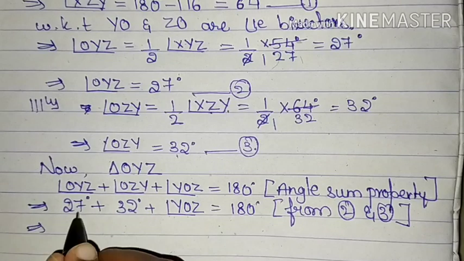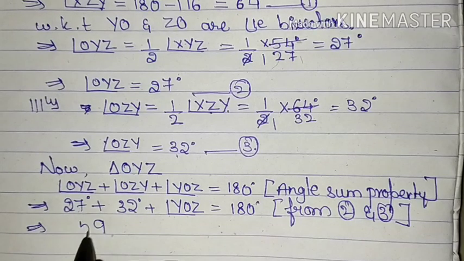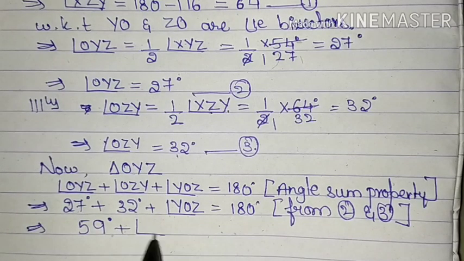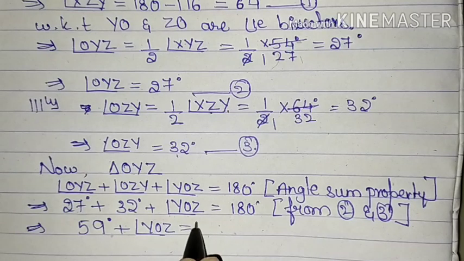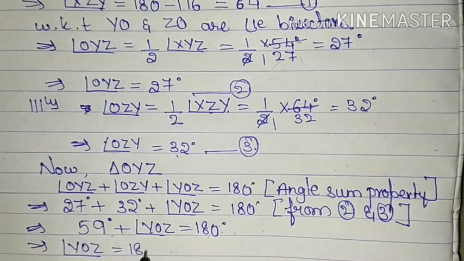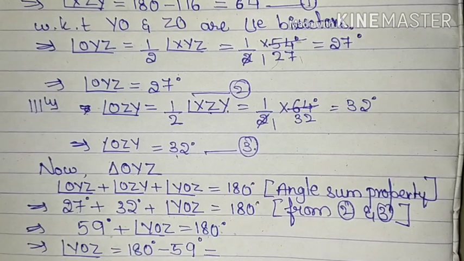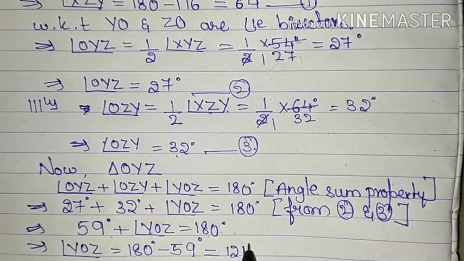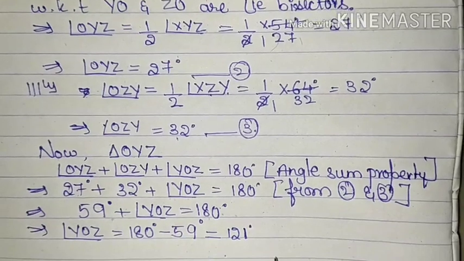Now simplifying, 27 plus 32 is 59, so 59 plus angle YOZ is equal to 180 degrees. This implies angle YOZ is equal to 180 degrees minus 59 degrees, which is equal to 121 degrees.